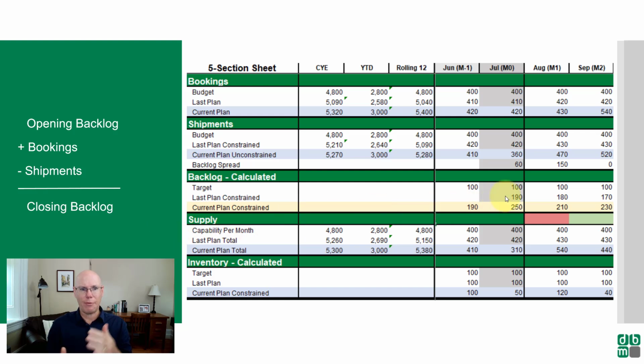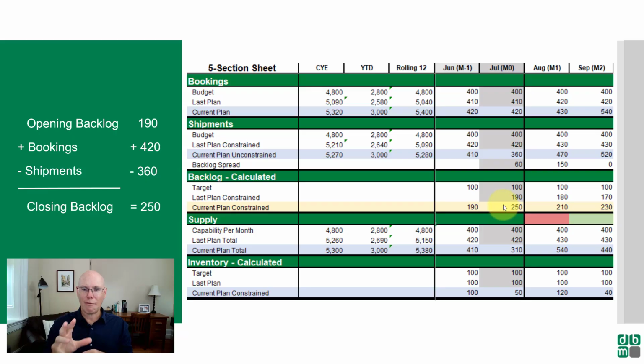For example, if your June closing backlog was 190 units, which really is the starting backlog for the next month for July, and your July bookings were 420, and your July shipments were 360 units, you would expect the closing backlog to be 250 units.